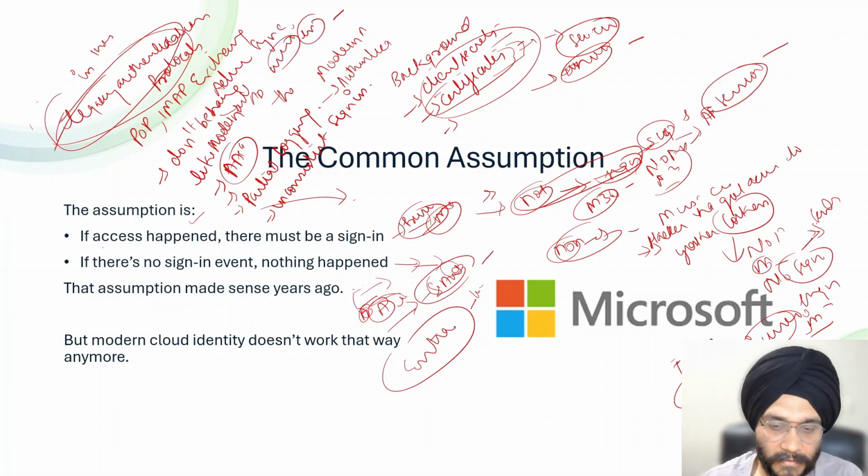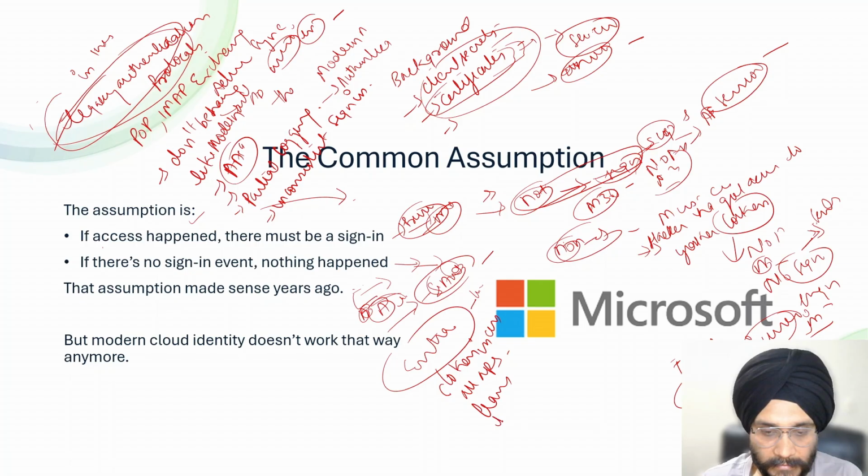One thing we must understand is that once a token is issued, when the user tries to log in and the token is issued, the user can log in to all apps like Teams, Outlook, SharePoint with the same session.